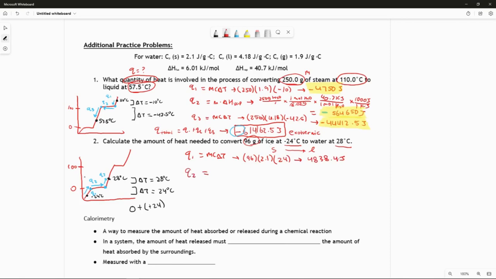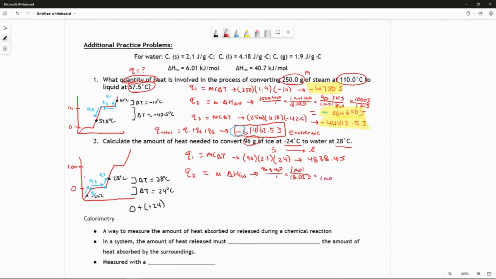Let's try Q2. Q2 is going to be this middle part right here. And there is no temperature change. We can use M times delta H. And since this is a solid to liquid, we can use delta H of fusion. We start with 96 grams of water, but it's a solid. And then cancel the grams off by using the molar mass of water on your periodic table, 18.02 grams per 1 mole of water.